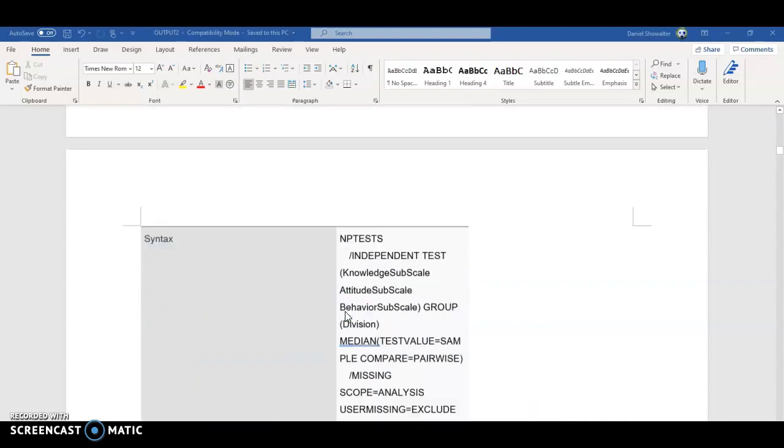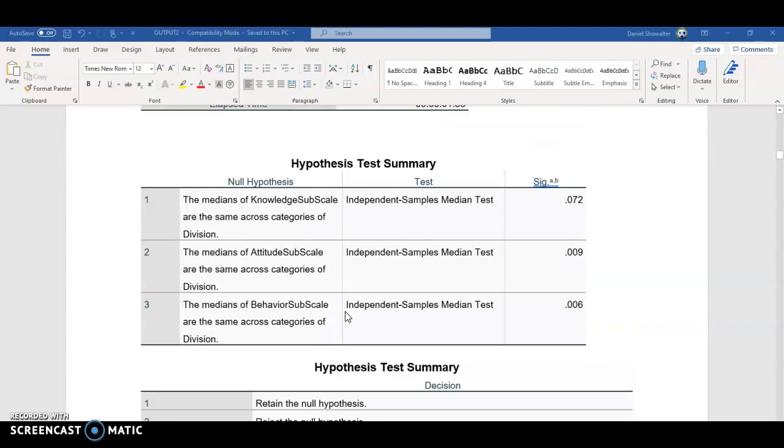And then what we've done here is a set of medians tests. So this is like the two sample or independent samples test that we did in class, except it's for ordinal data. Now, this is a little tricky because we're doing this on the subscales, which you could argue are quantitative data, and you could also argue that the original data should never have been averaged if they're ordinal data.